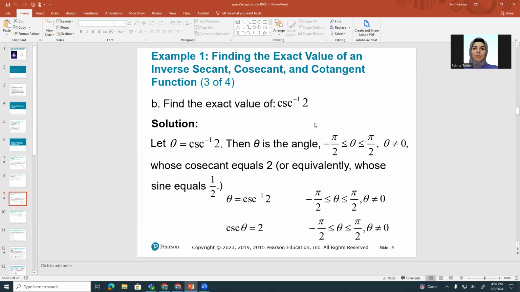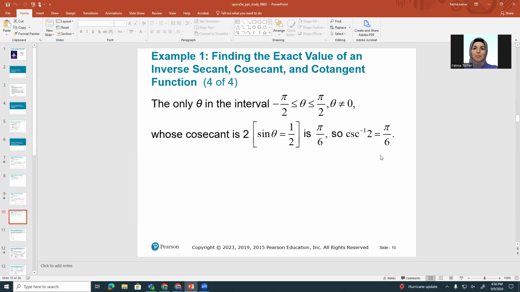And remember, for sine, the domain is negative pi over 2 to positive pi over 2. This is the domain for the inverse sine function. So I'm going to give an angle from negative pi over 2 to pi over 2 where the sine value is equal to 1/2. And I know that the only such angle is 30 degrees, which is pi over 6. Therefore, inverse cosecant of 2 is equal to pi over 6.